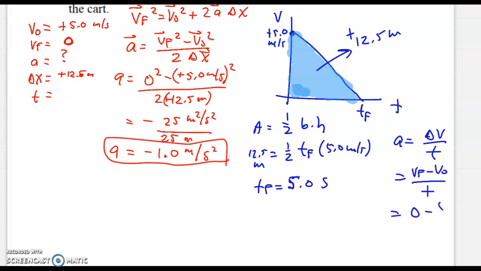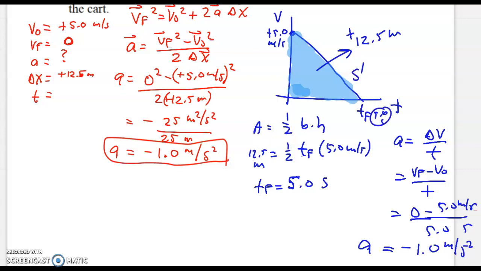Final is 0, initial 5 meters per second divided by 5 seconds. Hey, I still get an acceleration of -1 meter per second squared. Some of you saw that coming on this graphical approach too, because you saw that once this was 5 seconds, now the acceleration is represented by the slope here.